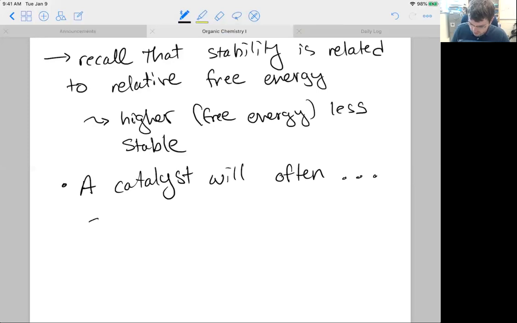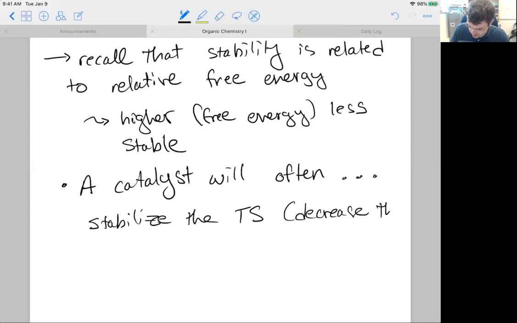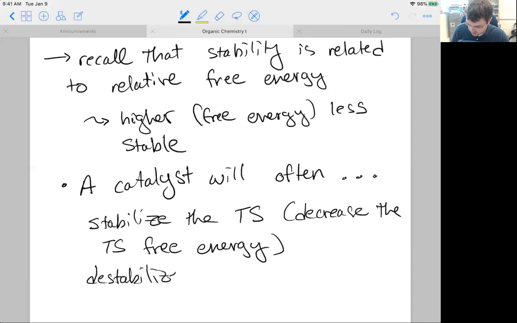So a catalyst will often stabilize the transition state, and that will decrease the TS free energy. Similarly, it will destabilize the starting material. So we'll take that starting material and start to stretch it and contort it a little bit so it gets a little bit closer to the transition state energy.